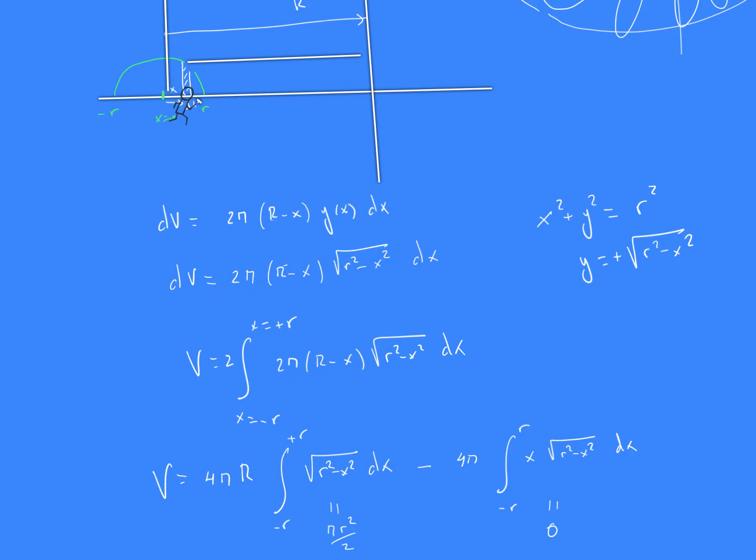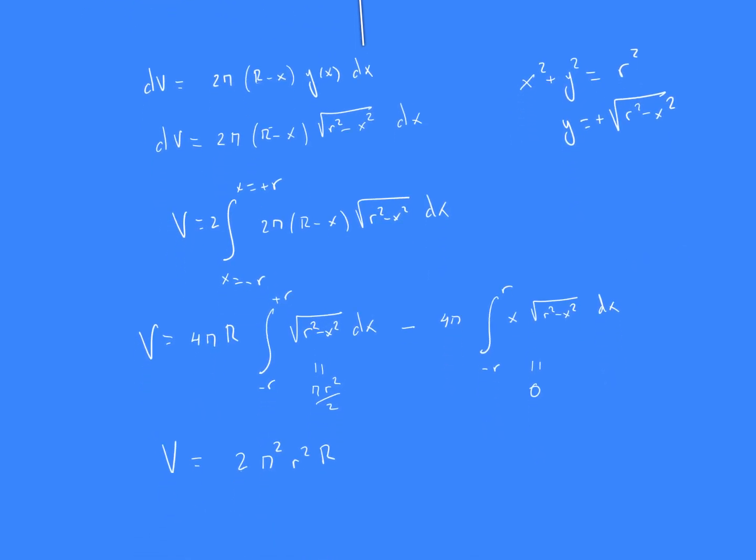Multiplying everything and integrating from x equals minus r to x equals r and multiplying by 2, because I have done only the volume of half of the donut, the upper half. So I have to multiply by 2 to include the bottom part of the donut. So this is 2 by 2, 4 pi. I will have two integrals.